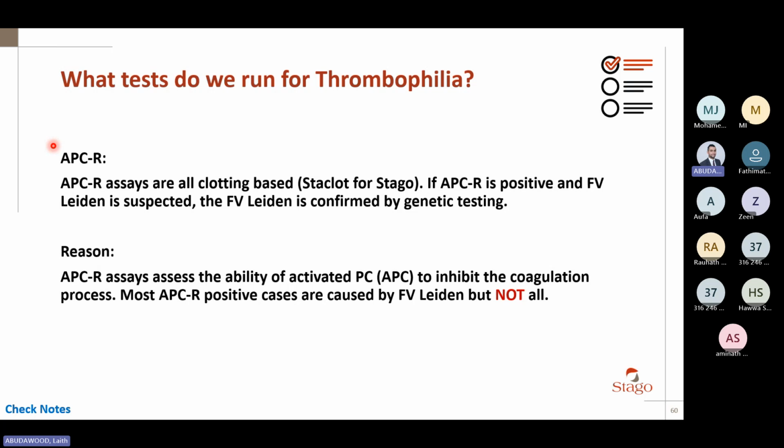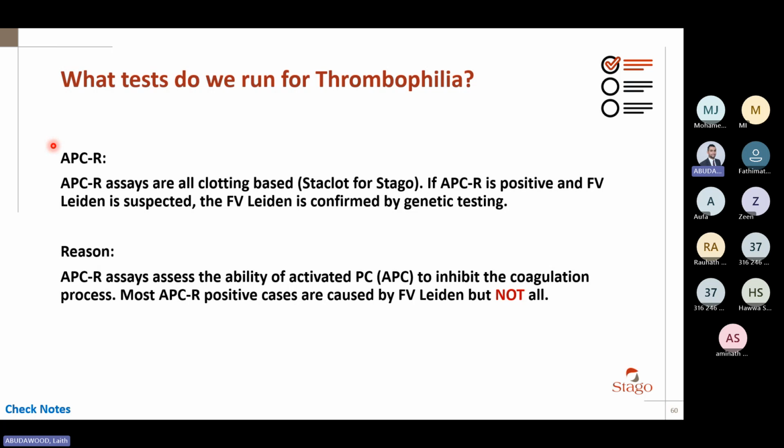For us, what's important here is factor 5. When you cut factor 5 and factor 8, you basically disable them, so you are inhibiting coagulation. Protein C in this sense is an anticoagulant, because you are inhibiting the process of coagulation by disabling factor 5 and factor 8.